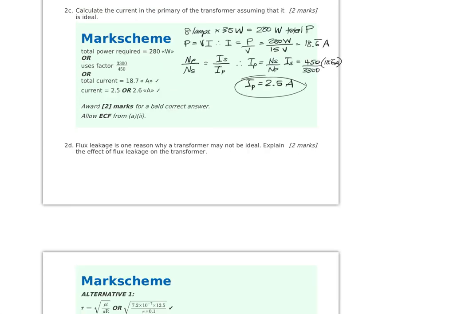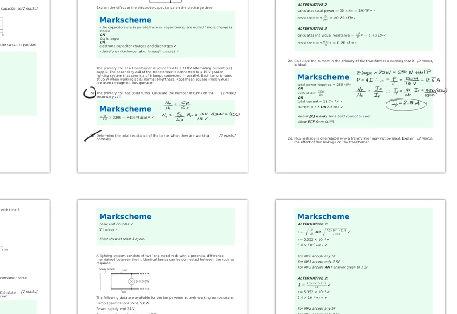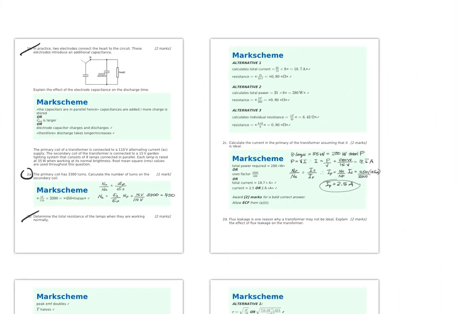2D says, because of flux leakage, why a transformer may not be ideal. What's that effect? I think the mark scheme explains it pretty well. Oh, hold on a second. I'm circling the ones I want. 2C, yes. 2D, yes.